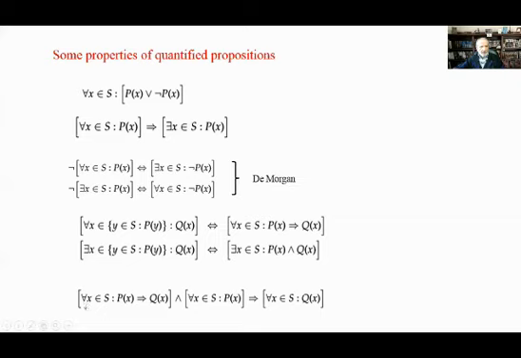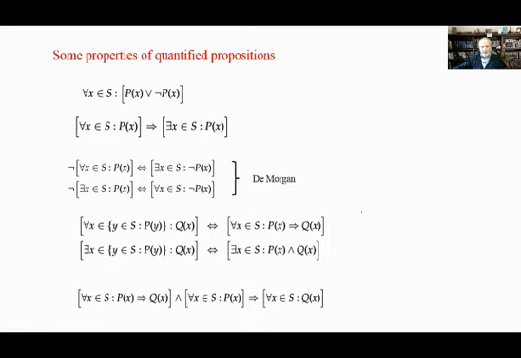This one here, for any x in S, Px implies Qx. If this is true, and for any x in S, Px is true, then for any x in S, Qx is true.